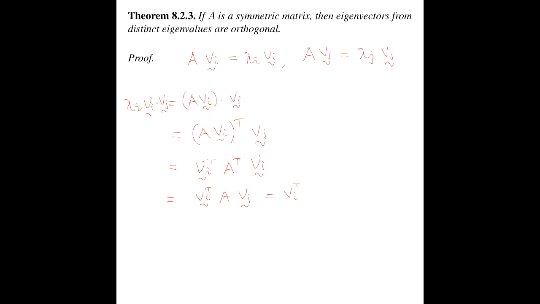A times Vj is just lambda j Vj, because Vj is the eigenvector of A with eigenvalue lambda j. So lambda j is just a constant, a number we take in front. What's left is Vi transpose Vj, which we can write as the dot product Vi dot Vj.